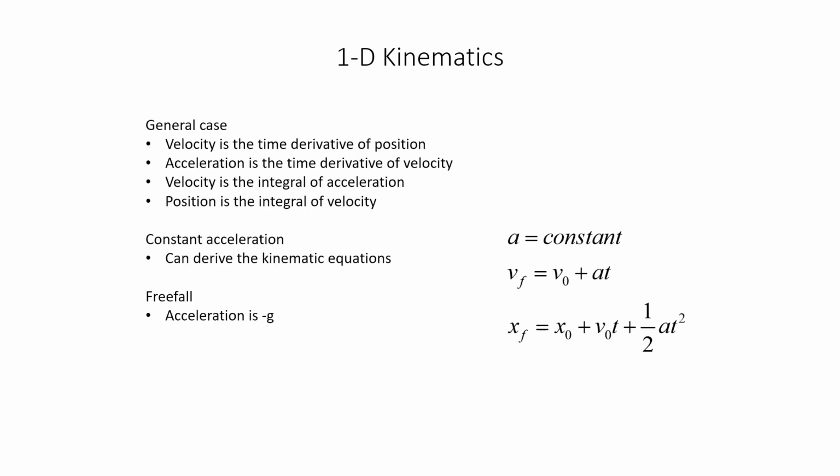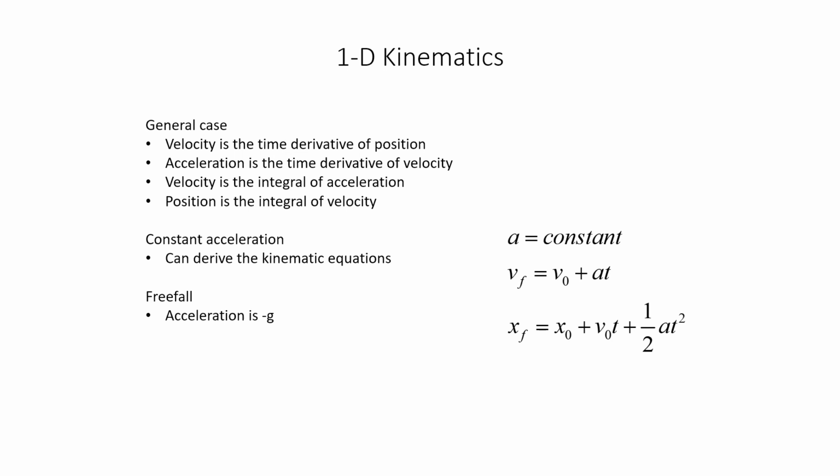So in conclusion, we talked about the general case. We saw that velocity is the time derivative of position and acceleration is the time derivative of velocity. In the inverse, velocity is the integral of acceleration and position is the integral of velocity. We did a derivation of the kinematic equations.